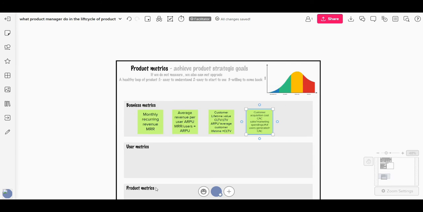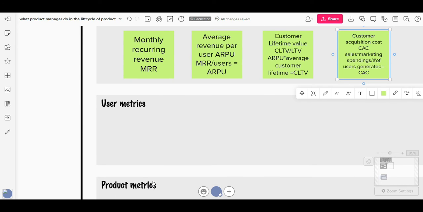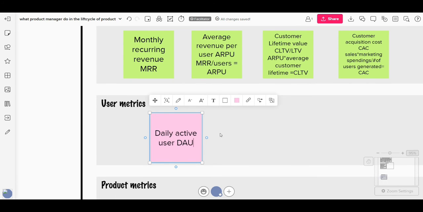Next, let's see the user metrics. There are two metrics that are very important: daily active users and monthly active users. If our daily active users divided by monthly active users is over 20%, it's a good sign for our product, meaning we are growing.